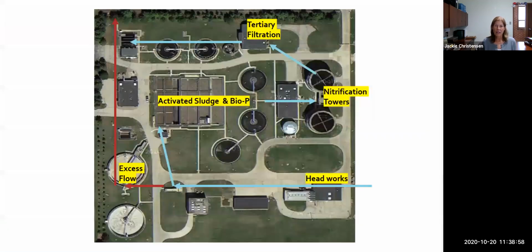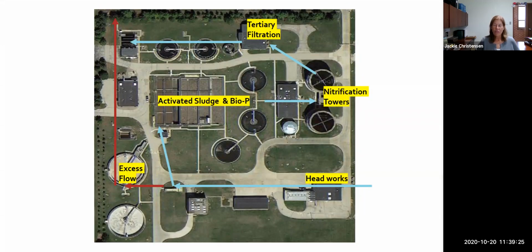Okay, next slide. So just an overview of the Southwest plant. On the right side of your screen, the raw sewage comes into the headworks, and then where the red and the blue arrows divide, that is the flow control for main plant versus excess flow.